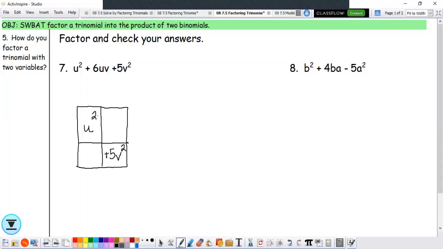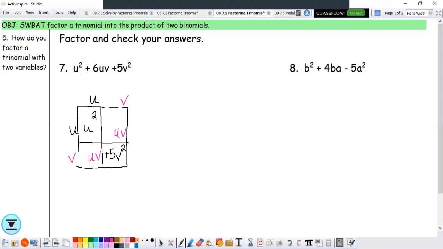So to get u squared, we're going to have a u times a u. To get a v squared, we know we will need to have a v times a v. Well, what that means when we multiply to get these other two corners, I'll have a u times a v and a u times a v. And that's how I will get that middle term with a uv.